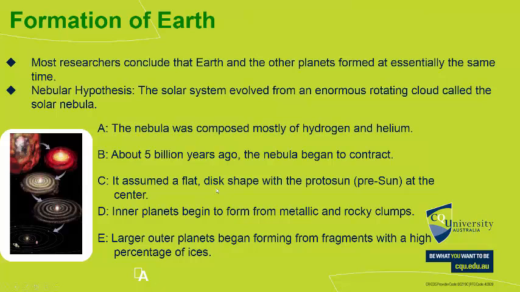And at point D, in our diagrams going A, B, C, D, and E, ultimately to the solar system, the inner planets began to form from metallic and rocky clumps around the disc-like sun that formed at stage C. And finally, the larger outer planets began forming from fragments with a high percentage of ices as the gases cooled and cooled some more. So what we can see here is largely the scientific consensus around the formation of the Earth and the origins of Earth science, which is what we're studying here.